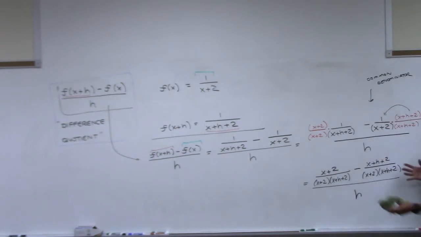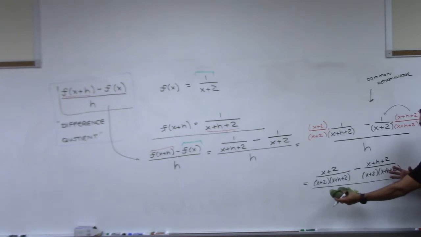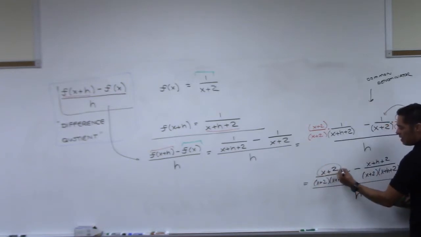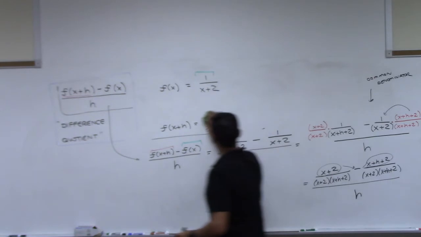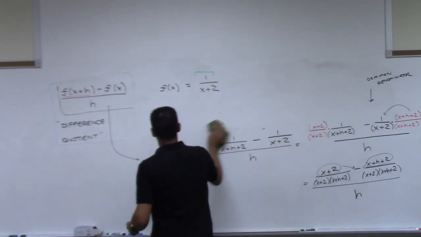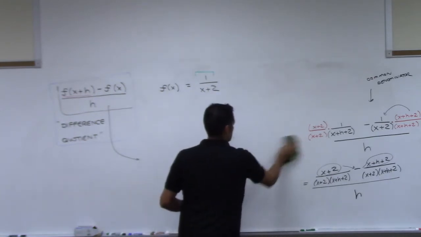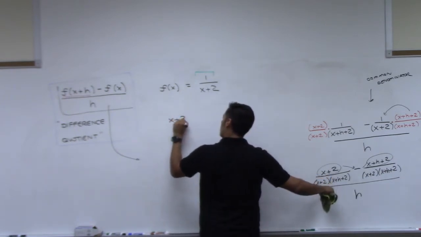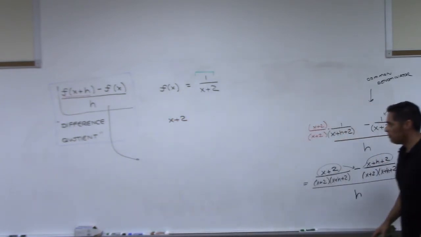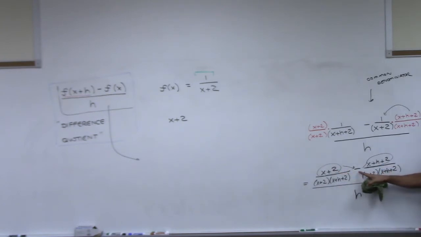All right, but we have the same denominator now, don't we? So now we can combine them. So what I'm going to do is I'm going to take x plus 2, and I'm going to subtract from it this guy right here, right? So I will have x plus 2. What would the rest be? That's this. Then what?